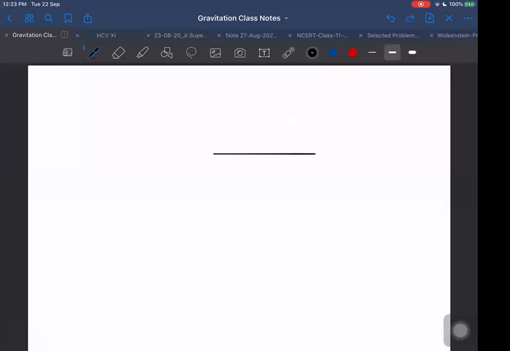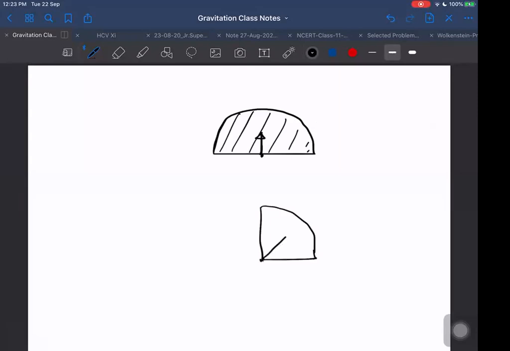Let us say I'm not giving you lambda or sigma or anything. I'm just giving you one disk, and I am saying due to one disk, the field here is E naught. Then what will be the field due to a quarter disk? One semicircular disk gives E. What will be due to a quarter disk? Whatever is due to a quarter disk, let it be E. Due to the other also it is E.